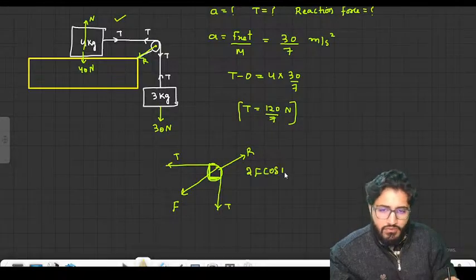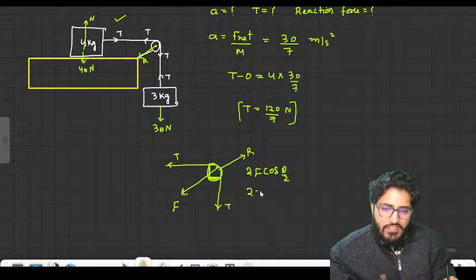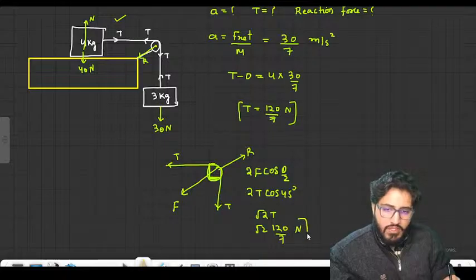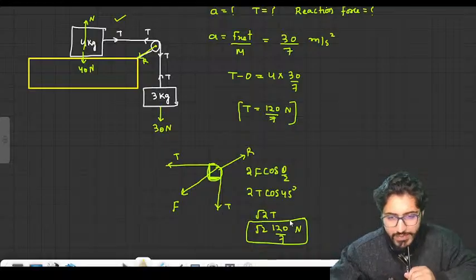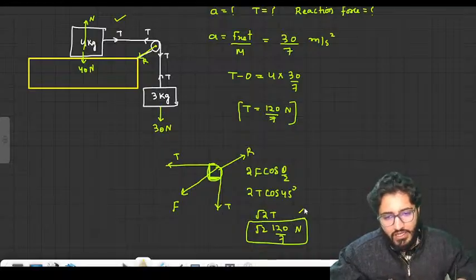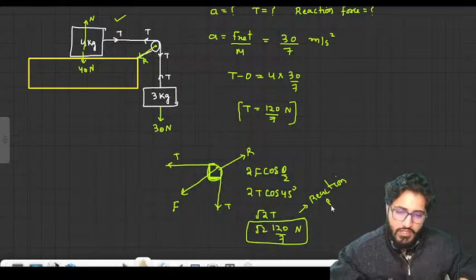F is T. Cos 90 by 2 is cos 45, which is 1 by root 2. I have root 2 times T. What is T? T is 120 divided by 7 Newton. This is my reaction force. So I can write here the reaction force.